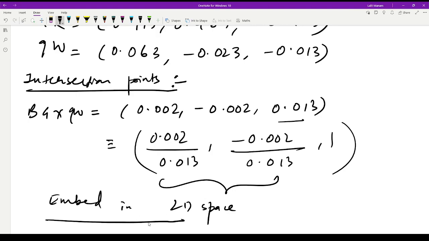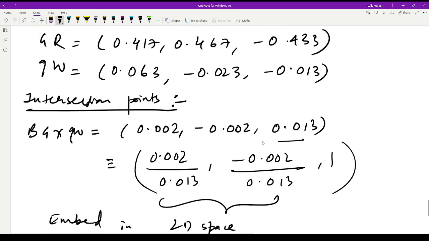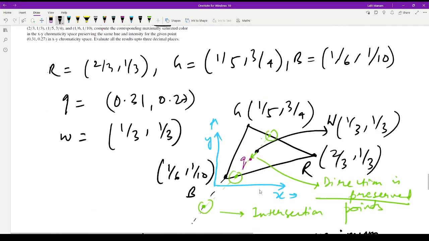Yes, sir. So what do you think about these values? There is a positive value, there is a negative value. They lie in different quadrants. Okay, that's fine. X is positive, Y is negative, so it will lie somewhere here.